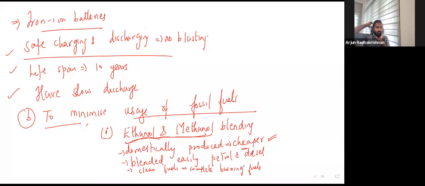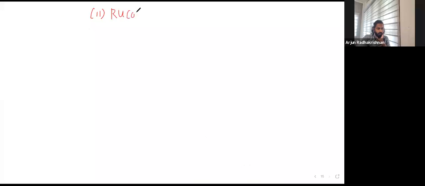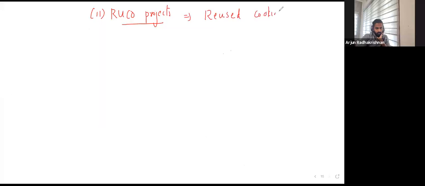They are clean fuels or complete burning fuels. Similarly, we have something called the RUCO project, which is the reused cooking oil project, where used cooking oil is used as a biofuel or biodiesel.